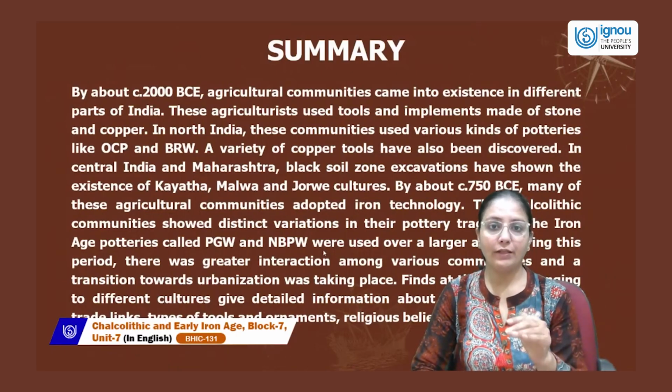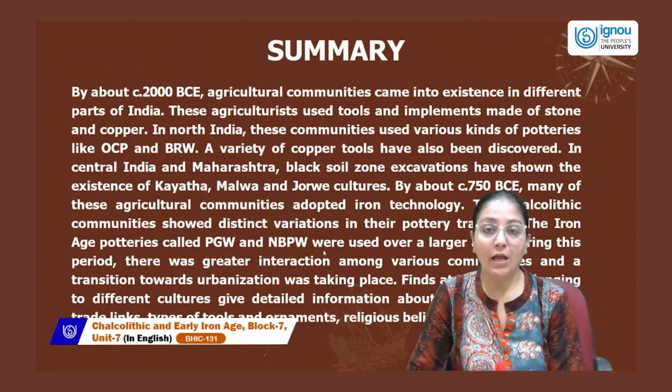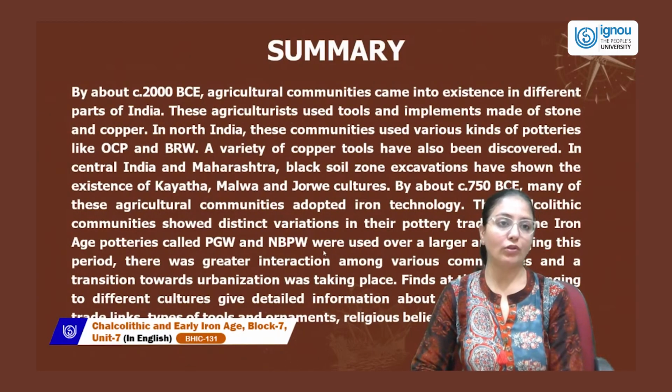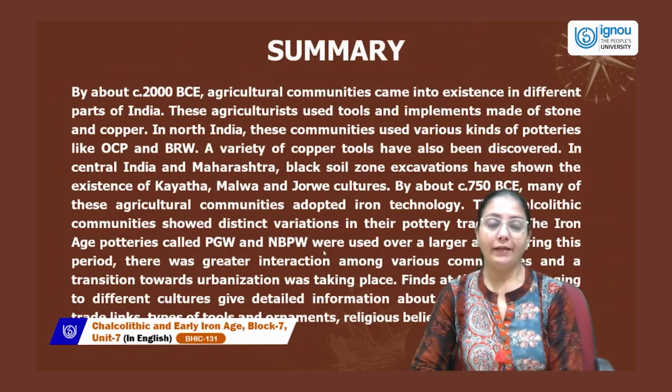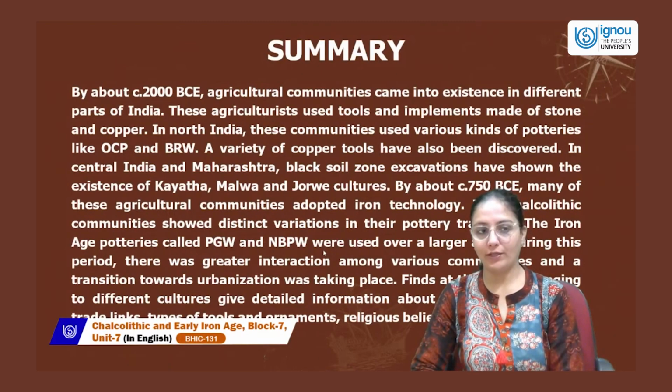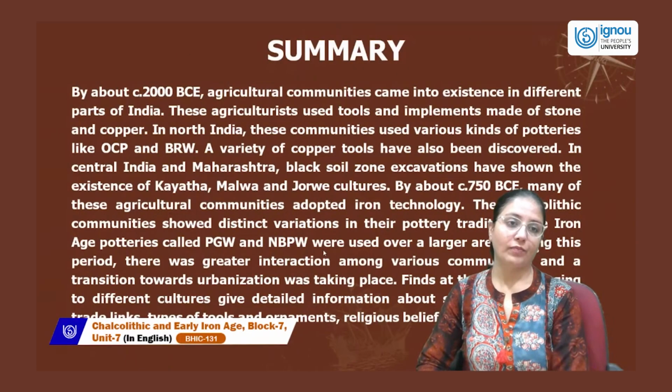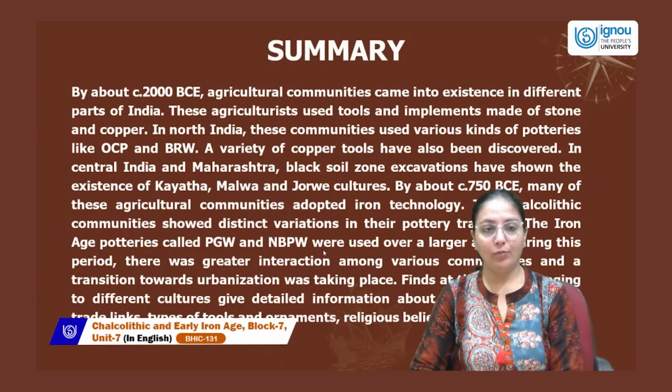Now they are using tools made of stone and copper because of the invention of copper. In North India, these communities used various kinds of pottery like OCP, ochre colored pottery, and BRW, black and red ware.